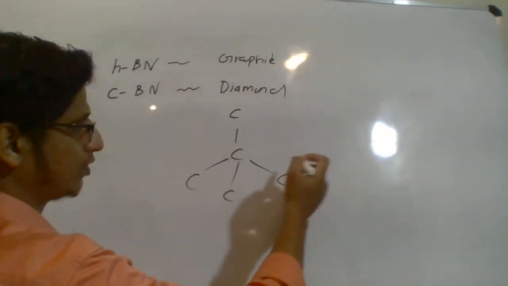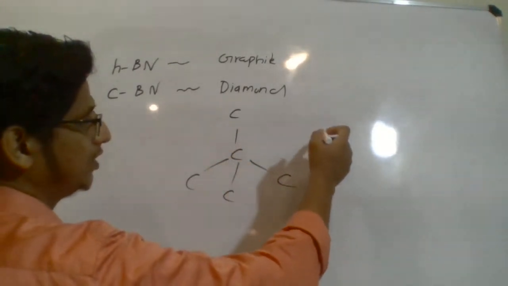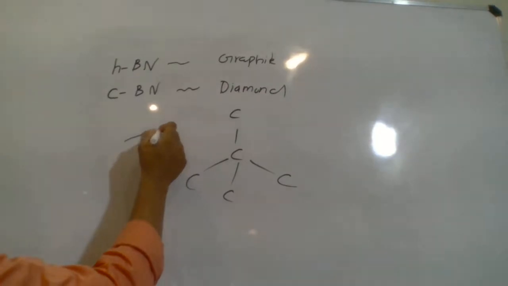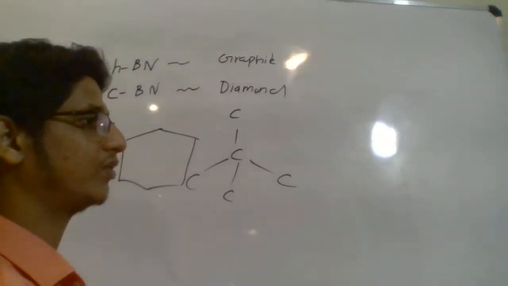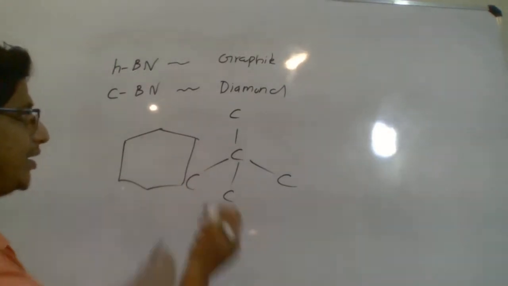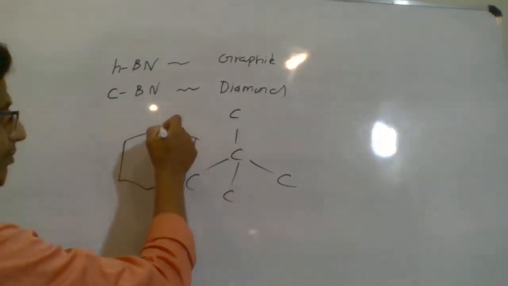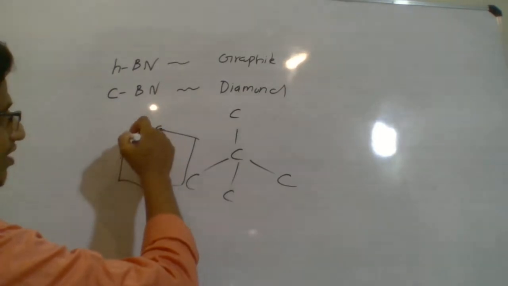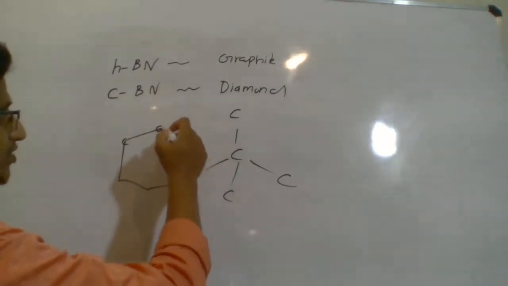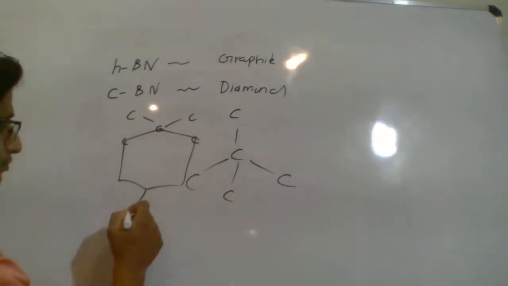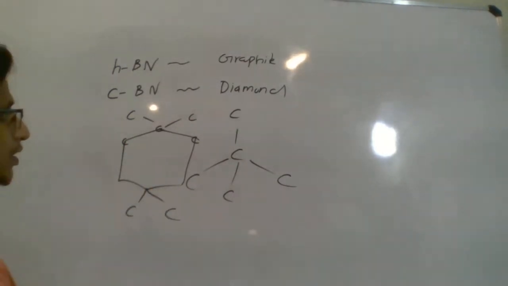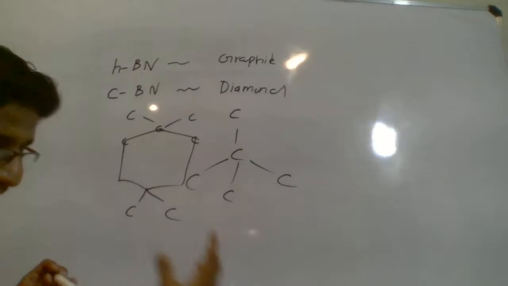When you draw the structure of diamond, sometimes we draw something like this, where this is tetrahedrally surrounded. You have to imagine it three-dimensionally. Each carbon atom is bonded to 4 other carbon atoms. Here I am just showing it like this, and it will extend three-dimensionally.